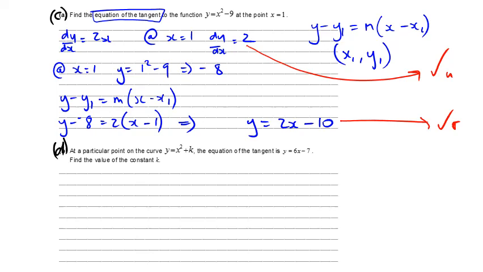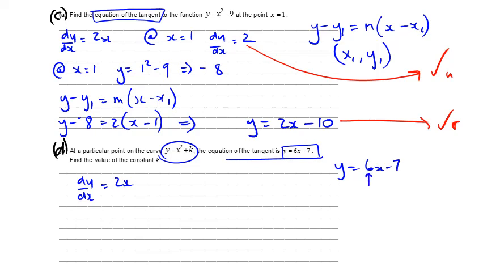Next one, if I differentiate this thing here, dy by dx, I get 2x. This has an equation, the tangent is that. So y equals 6x minus 7, make sure you're paying attention. What does this 6 stand for? Y equals 6x minus 7.